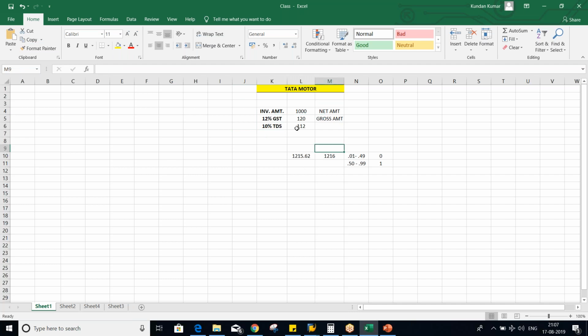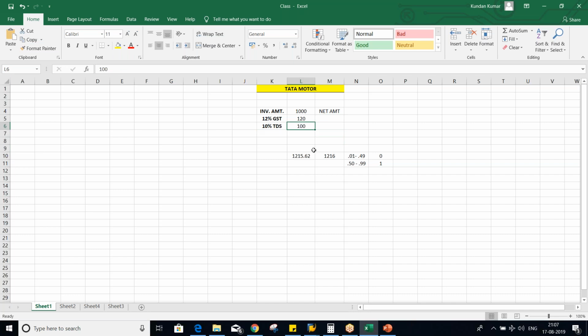Now I am saying that here 10%, it means 100 rupees. Okay, so if your base amount is net amount, in that case, now let's suppose the base amount is net amount itself.